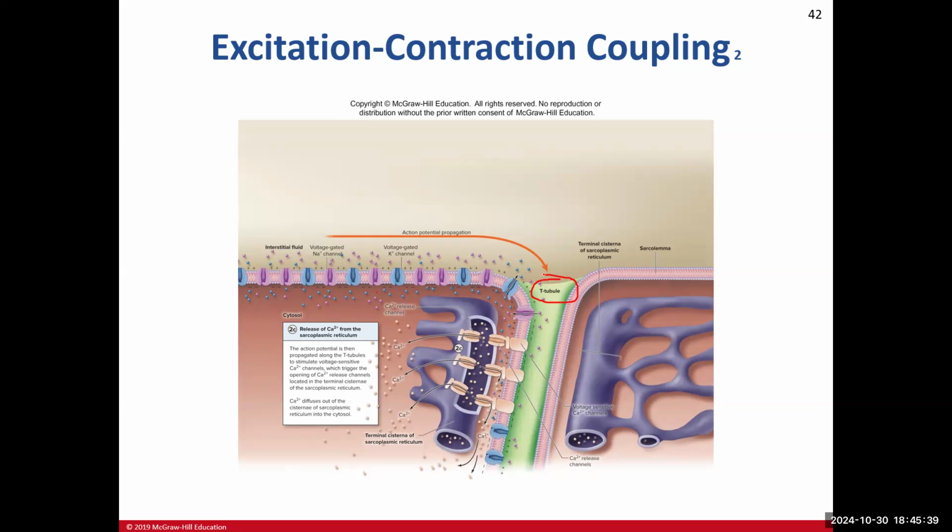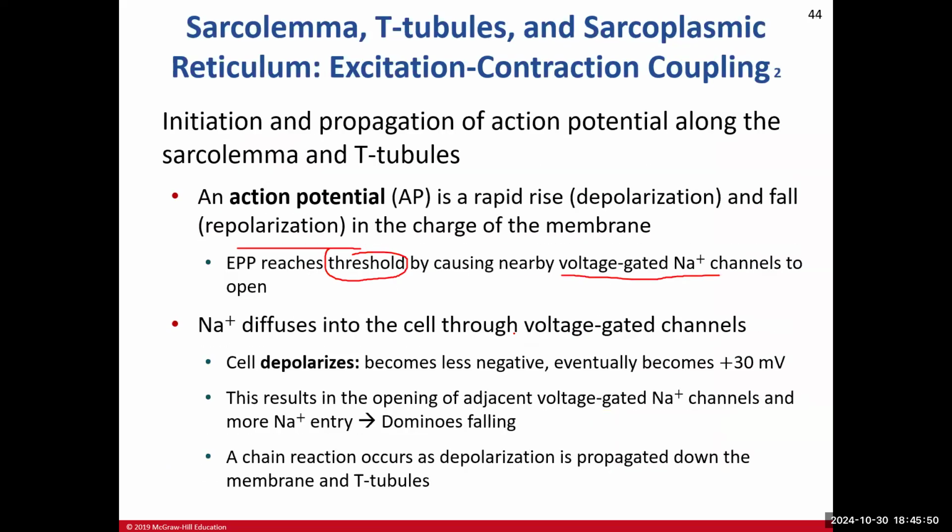It's going to go down the drain of the T-tubule, looking for these fellas right here, these voltage-sensitive calcium channels there. More on that in a second. So again, that depolarization occurs. It's going to be propagated as it moves from adjacent voltage-gated sodium channel to the next adjacent voltage-gated sodium channel until it gets into those tubules there.